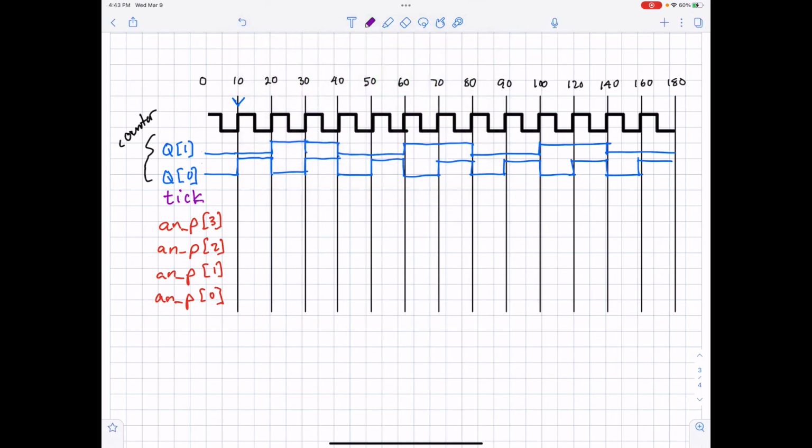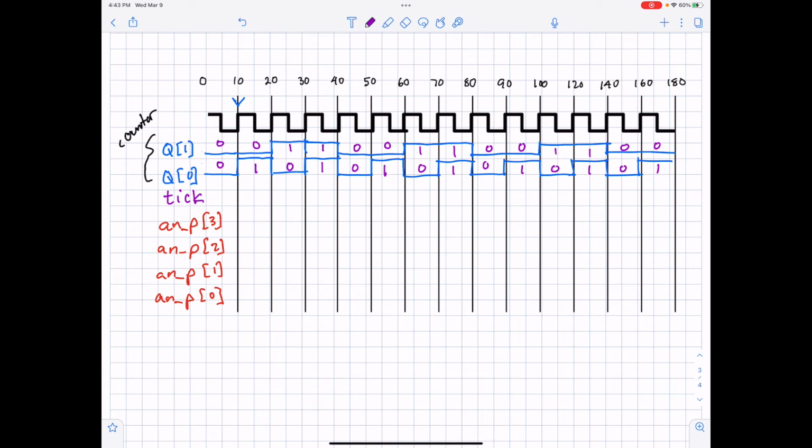This would be 0, 0, 0, 1, 1, 0, 1, 1, and then we start over. That's a counter.